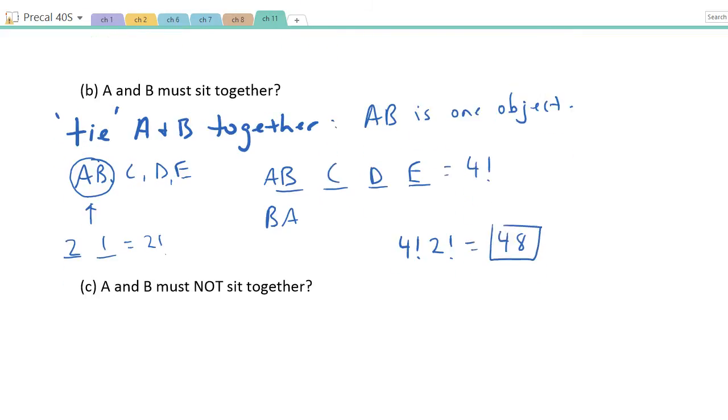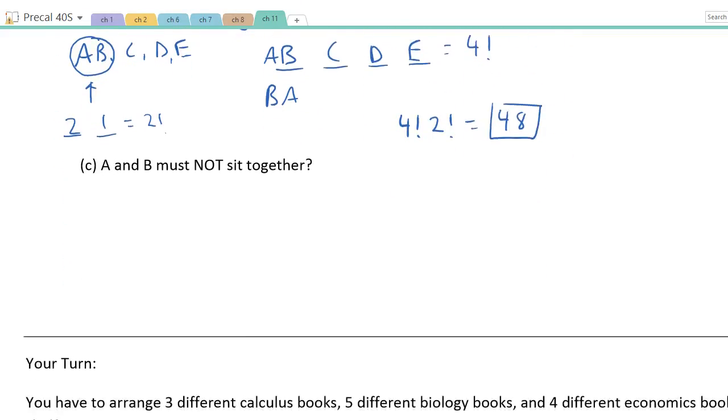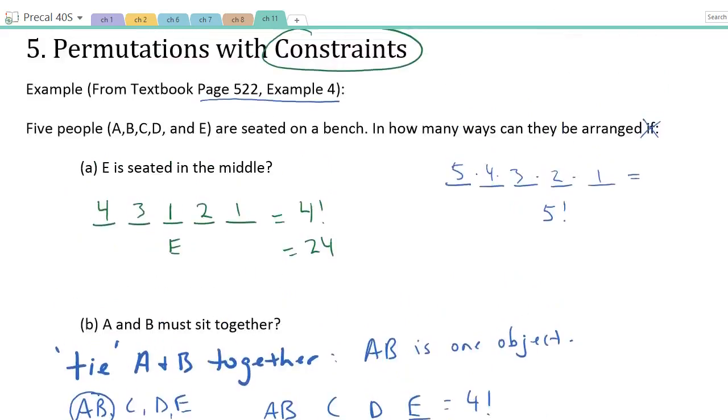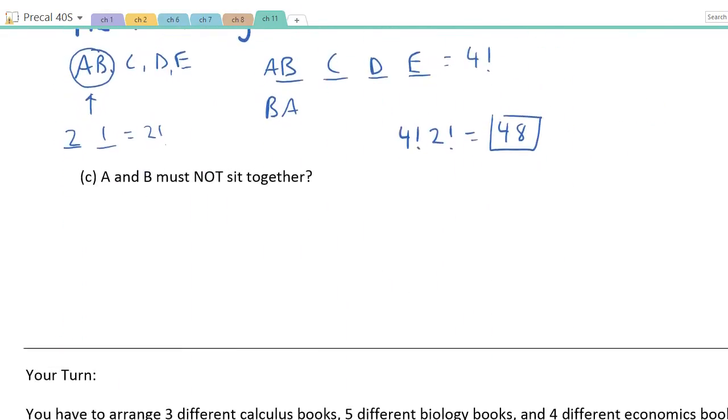Okay. What about if A and B must not sit together? Well, if you wanted to refer to the textbook, they have a long version and then a short version. And I think I'm just going to teach you the short version because I like it so much better.